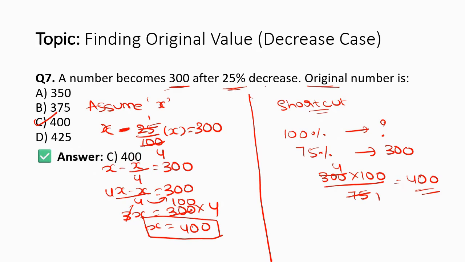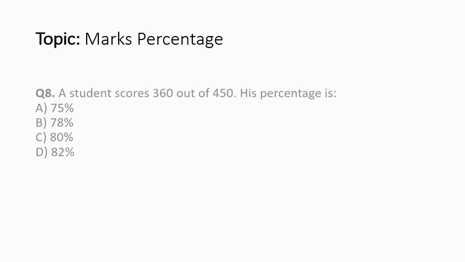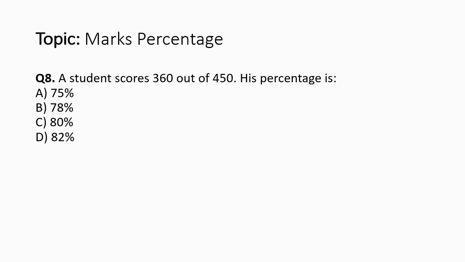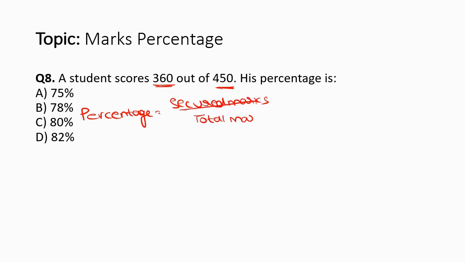Next one, marks percentage. A student scores 360 out of 450. What is the percentage? We know the basic formula: percentage equals secured marks by total marks into 100.